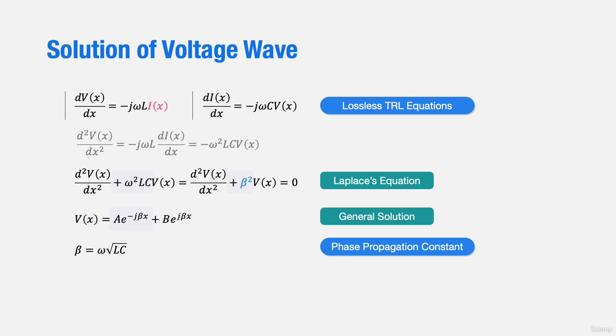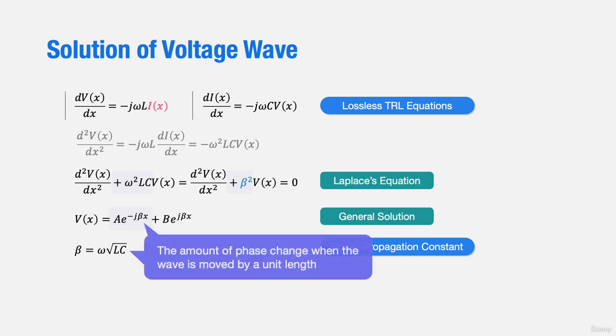V of x is a phasor, but with an exponential e to the negative j beta x that rotates with the position. It undergoes an angular change with respect to position x. To understand this concept, we can think of it this way.